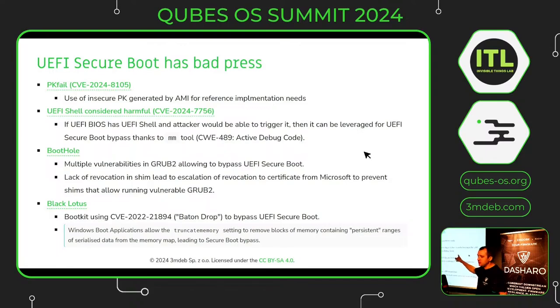This BootHole is very interesting because suddenly we have BlackLotus and those bootkits, which are related to Microsoft Windows. I just copied the note from there because I don't know the Windows bootloader, but it explains what happened here. The Windows boot application allowed the truncatememory setting to remove blocks of memory containing persistent ranges of serialized data.